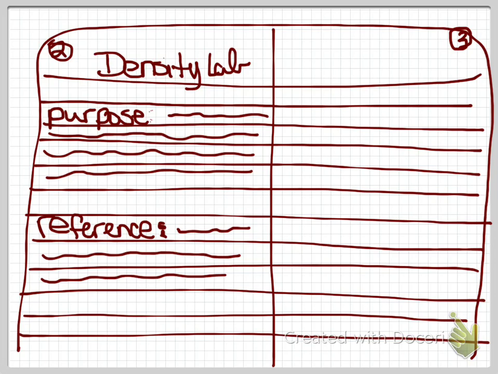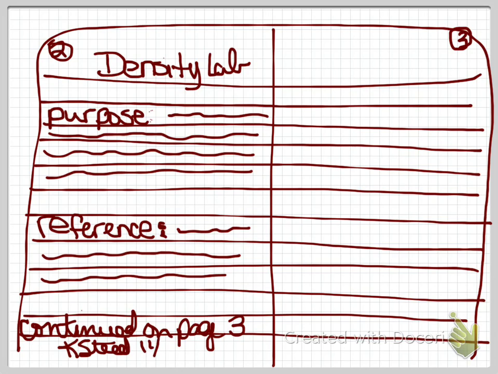When you get to the bottom of the page, you're going to say continued on page, and like I'm continuing on page 3, I'm going to sign it, and I'm going to date it.